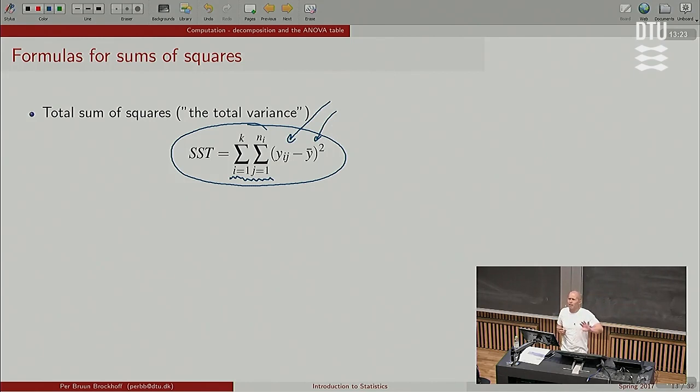I hope you recognize that type of computation as what we would do if we would begin to just compute the variance of all the y's in a big pool of data without thinking about which group they come from. Just take all the y data, put them in a pool and compute the variance. Don't divide by something, just compute the sum of squares before dividing by anything. That's what we call the total variability. That's just the raw variability of the data, ignoring the group structure.